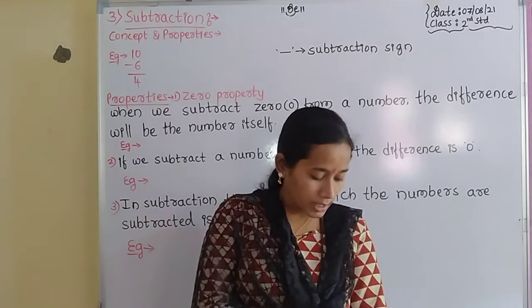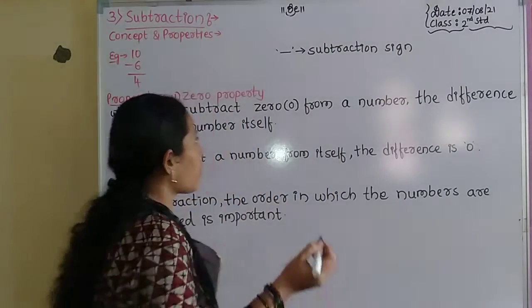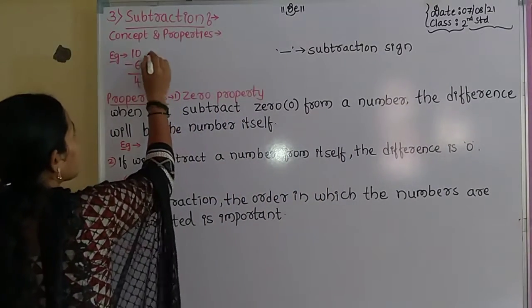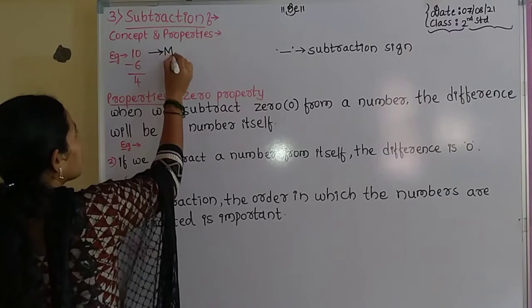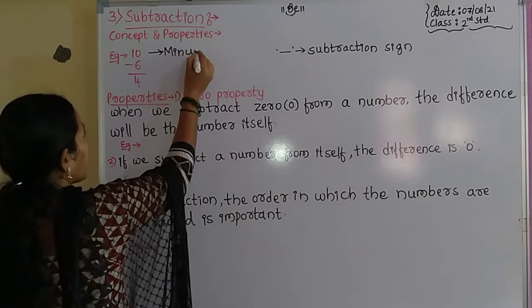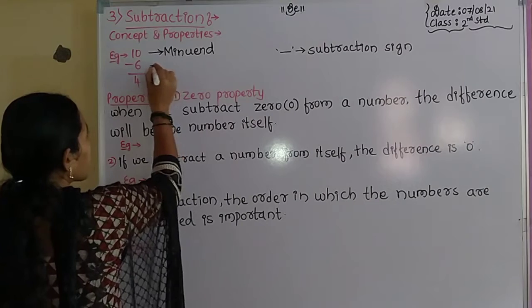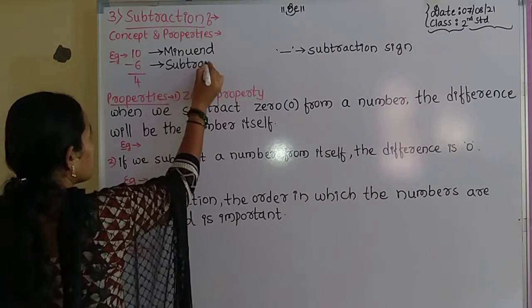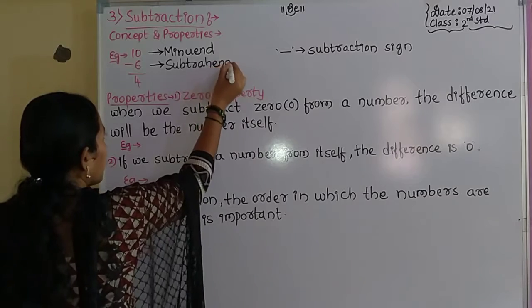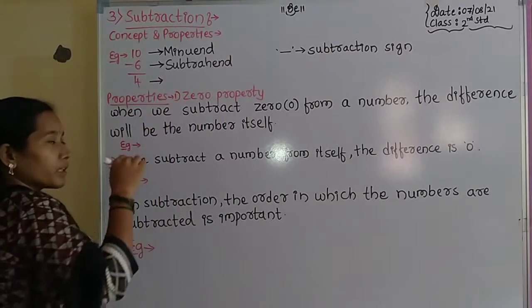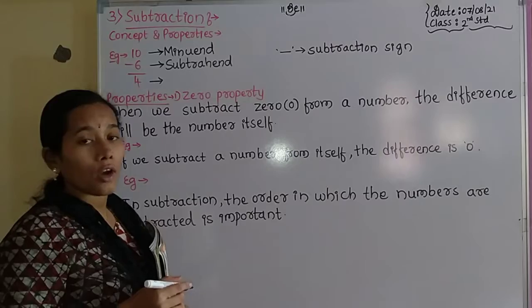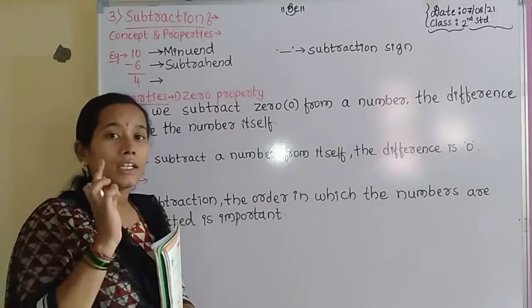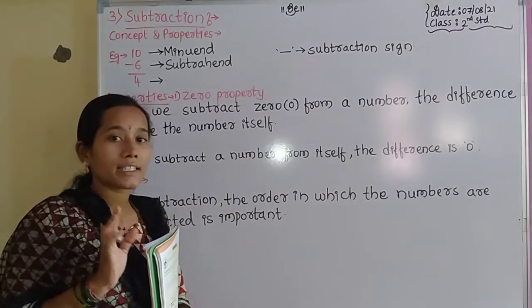The terms in subtraction are called, see, the first one is called the minuend. Very good, minuend. And the second one is called the subtrahend. And the answer we get from the subtraction is called the difference. But in addition we call the answer a sum.